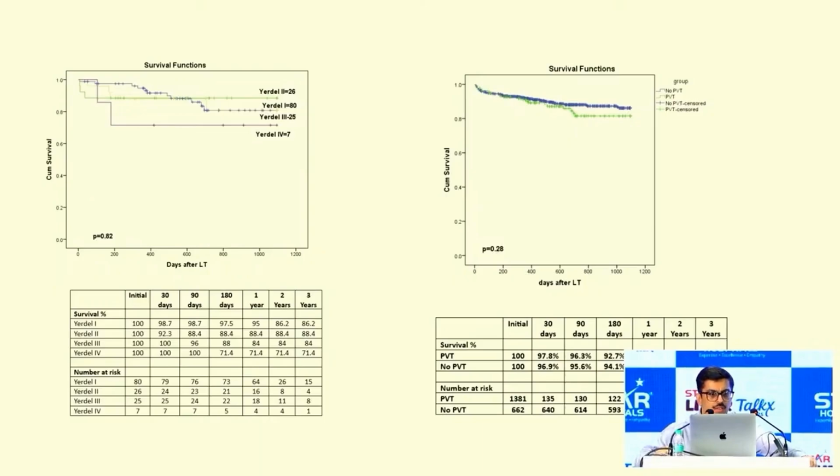In grade 4, we had a 3-year survival of 71%, which is actually comparable to the literature. But I feel going further, more and more, if TIPS is being used, we can have even better survival.